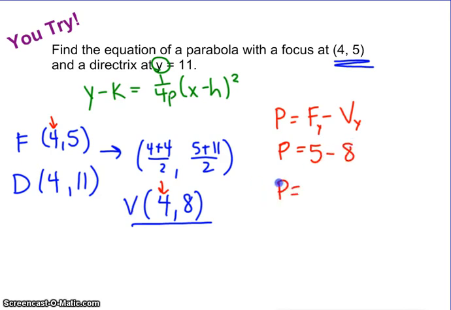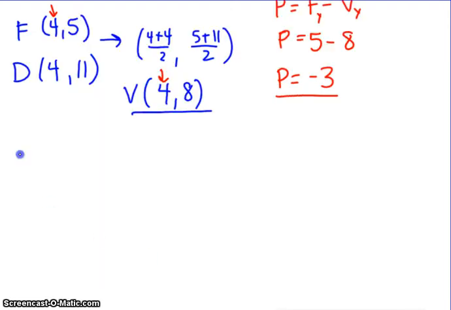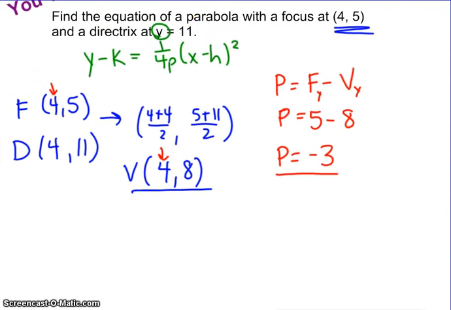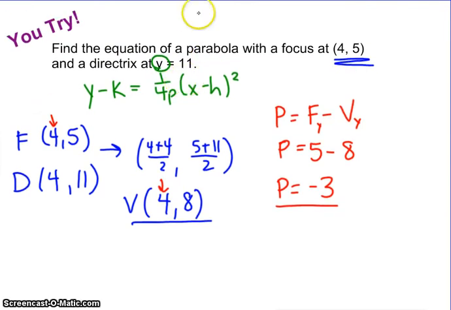So the p is going to be 5 minus 8, or negative 3. So you actually have a negative p-value here, and that's okay. Basically, we want it to be negative. If you look here, the directrix is at y equals 11, but the focus is down here at 4, 5. Remember, that means it's going to open down, so we want a negative p.